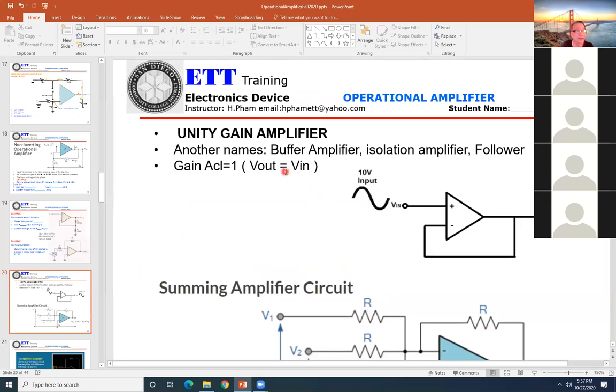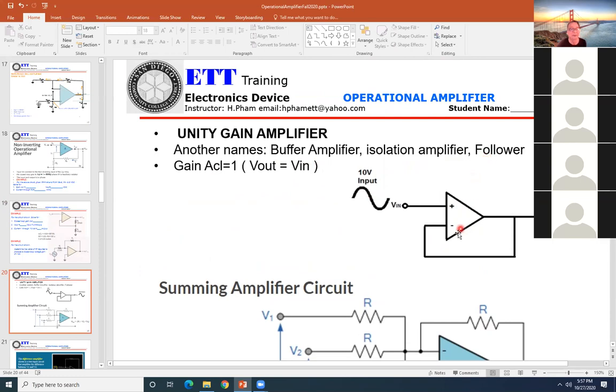Okay, unity gain amplifier. You see that one here, they connect the output to the negative input, no resistor. Then they get how many different names? They get different names: buffer amplifier, isolation amplifier, and follower.